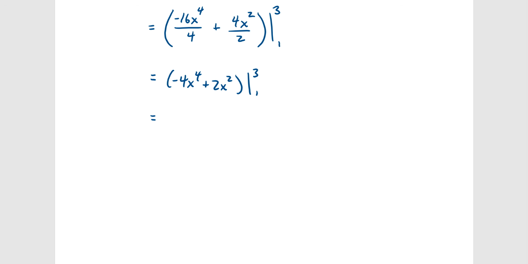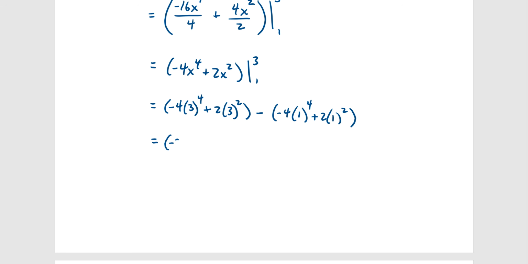So we plug in the 3 first, the upper bound or the upper limit. So negative 4 times 3 to the fourth plus 2 times 3 squared minus, now we're going to plug in a 1, negative 4 times 1 to the fourth plus 2 times 1 squared. And we get negative 324 for that first term plus 18 for that second term, and then minus, we get negative 4 plus 2.